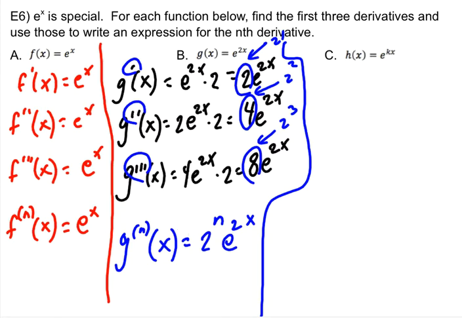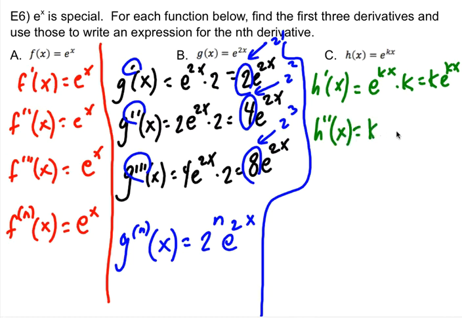Okay? All of that is setting you up to do this one where I give you another letter. So k is some constant. If I were going to differentiate and get h prime, I would get e to the stuff times the derivative of the stuff, which means I'm going to get k e to the kx. If I were to differentiate again, there's a k already in front. The derivative of e to the stuff is e to the stuff times the derivative of the stuff, so I get k squared e to the kx.